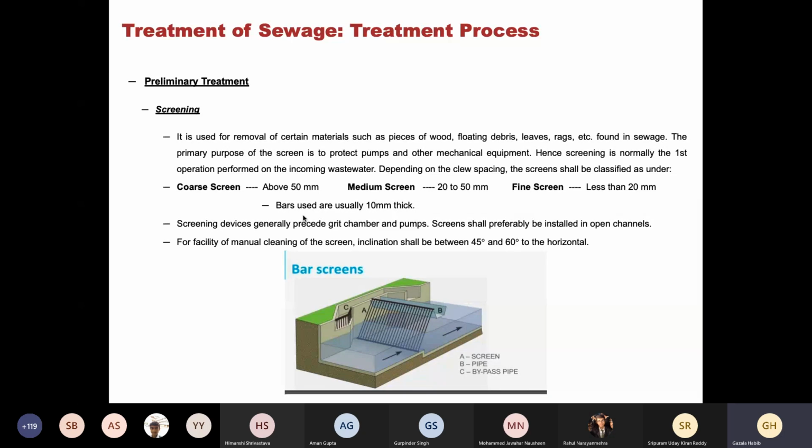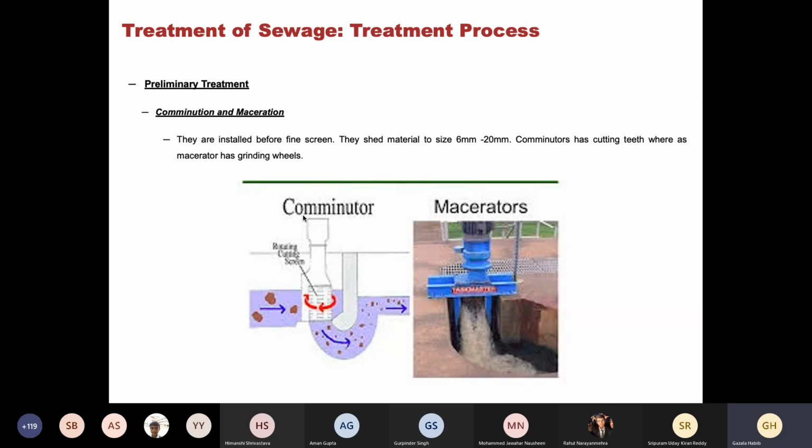This is very easy to understand, so I'm not just reading the slide. The comminutor, as I said, is a kind of grinding machine. It grinds the big particles and makes them very small, so they can be removed in the grit chamber. If required, the fine screen will be used. If it is not required, if the load is low, then it can be removed in the grit chamber.